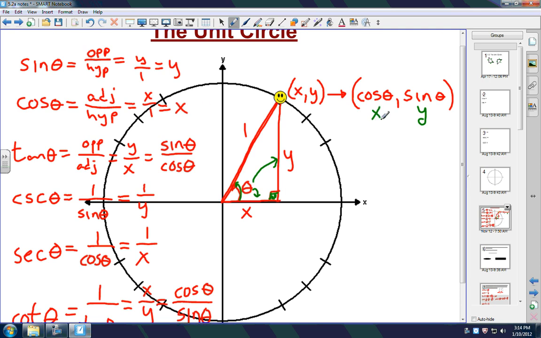So when you see cosines, you can think x's, but only because this radius is 1. Always, always draw your triangle before you start grabbing values. Tangent is opposite over adjacent. There's the TOA piece. So a tangent is y over x. I'm going to replace it with sine over cosine because this is going to come in when we start doing identities.